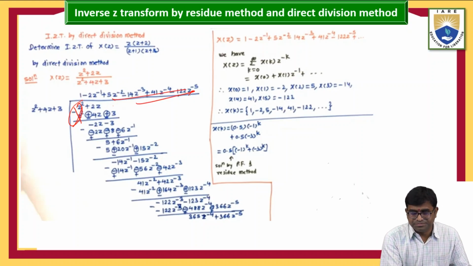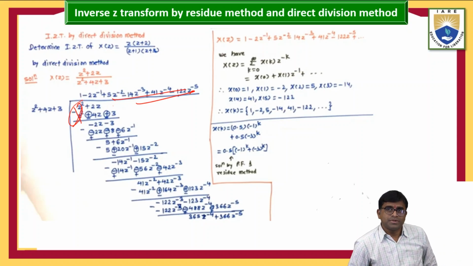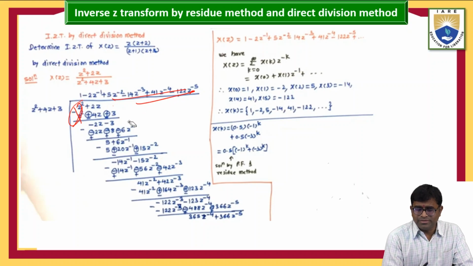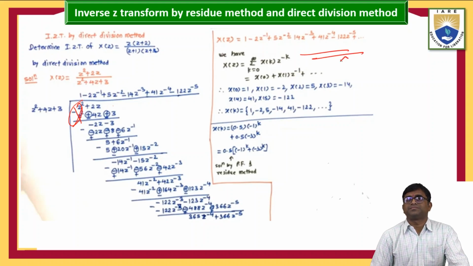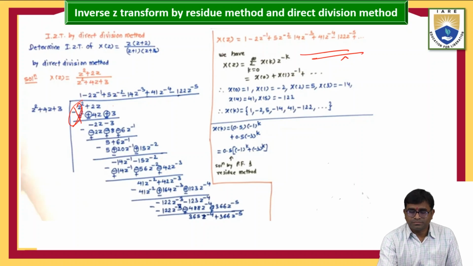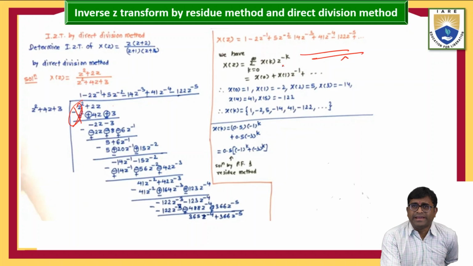We are getting the answer. Okay, divide and rule. Just divide rule, division method. So we got the answer, and for this one we got these values. So what happened here? See, we know X of z equals the sum from k equals 0 to infinity of x of k into z power of minus k.